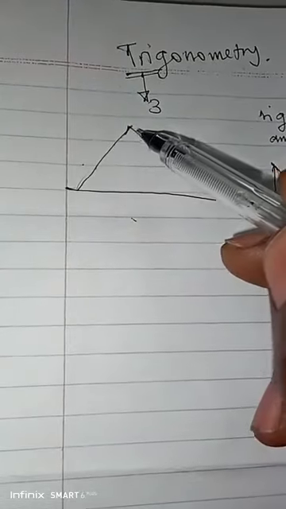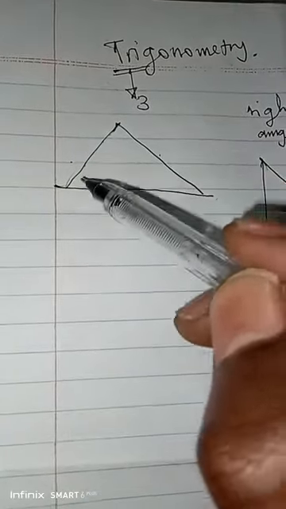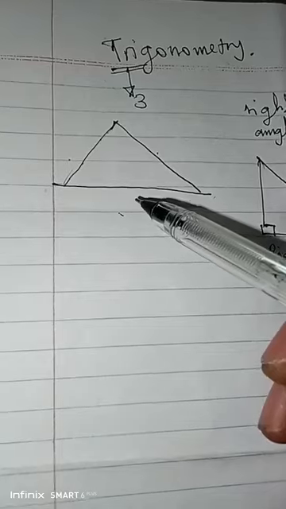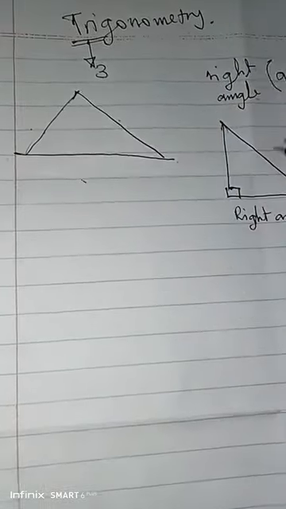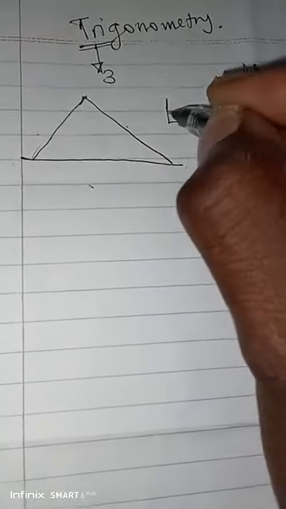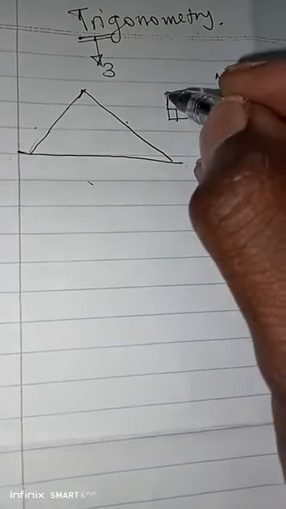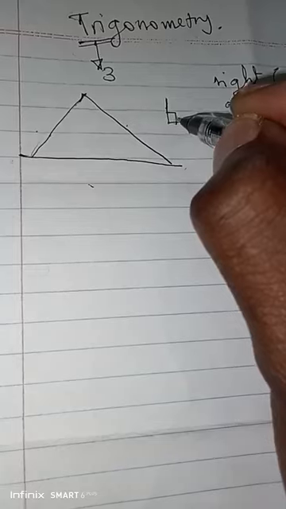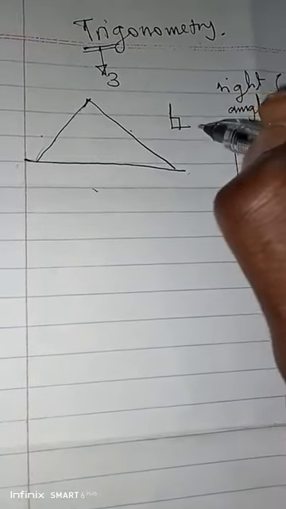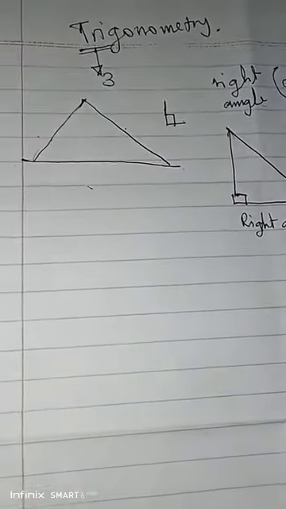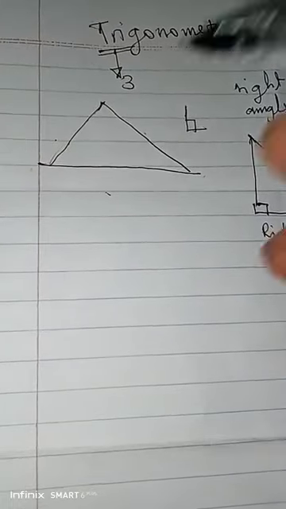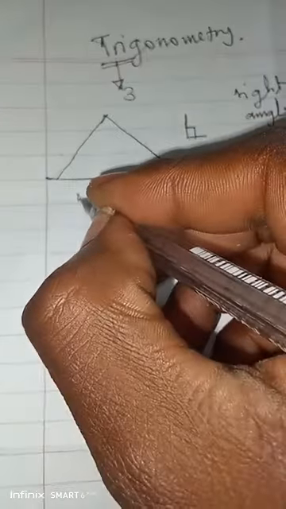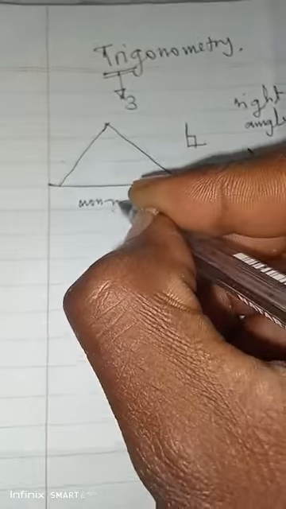But if you look at this simple sketch which I have made of a triangle, you're going to see that we're not seeing any right angle present. We're not seeing any 90 degrees angle present. So because there is no 90 degrees angle present, this one is a non-right angled triangle.